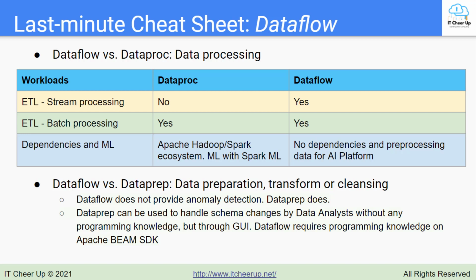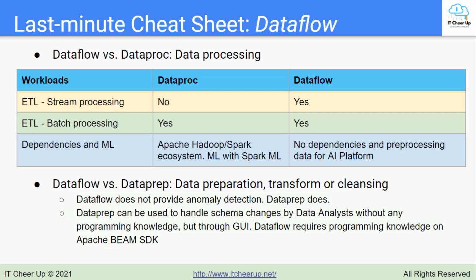Cloud Dataproc doesn't support stream processing like Dataflow does. Dataproc does not natively connect to PubSub, but PubSub can use a single endpoint with Dataflow to process the messages. And Dataproc requires a DevOps approach, but Dataflow is a fully managed service.